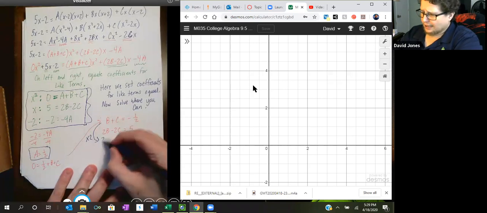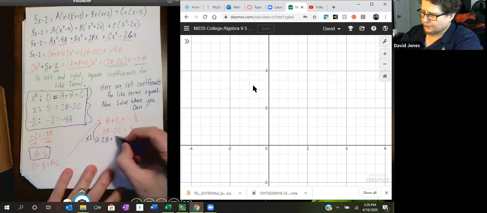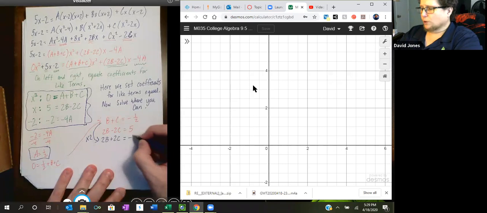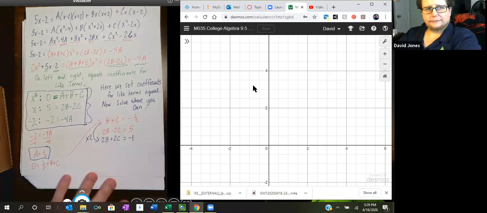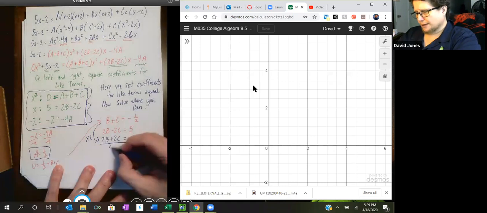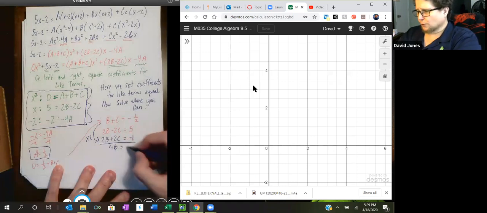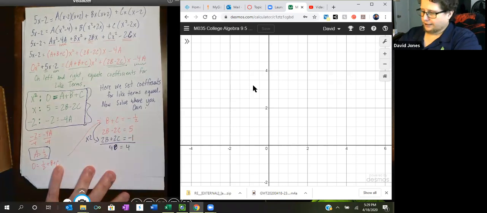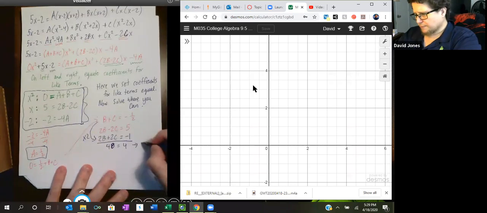And if I do that, I get 2B plus 2C equals negative 1. I can add vertically, and I get 4B equals 4. You guys with me there? This tells me B equals 1.